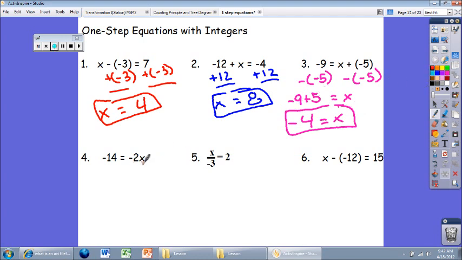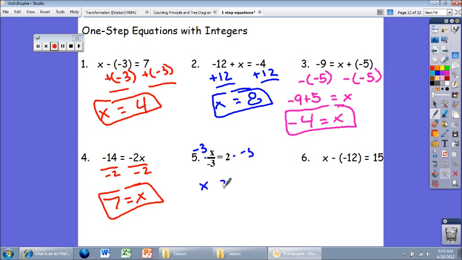Right, over here, -2 times x, so we're going to divide by -2. -14 divided by -2, we have two negative signs, so when we have an even number of negative signs, that makes it positive, so it makes that 7. So this is going to be x equals 7. Right, x divided by -3, so we're going to multiply by -3.